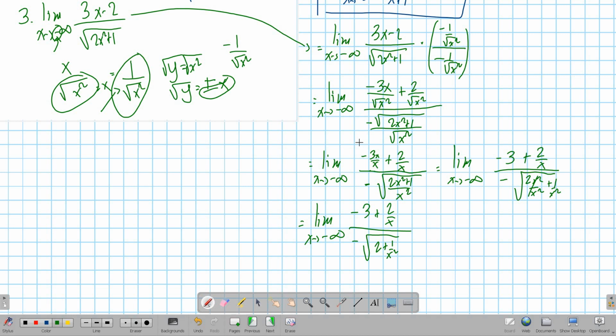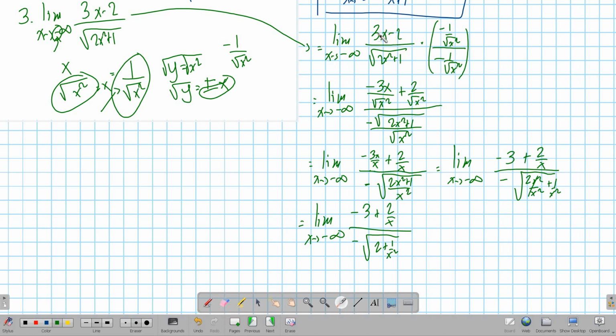Wait a moment. Okay, so I guess the mistake I made here is that this is only applicable for the square root, so there should technically be no negative sign here in the numerator. Now, I know that will cause confusion because this should be the same so that we multiply it by negative 1.